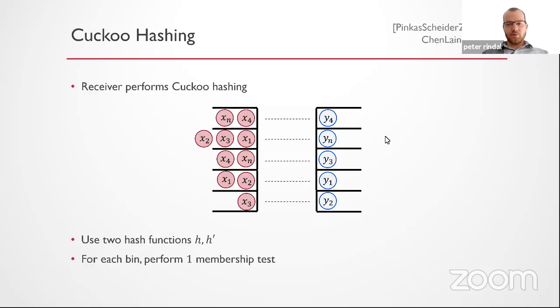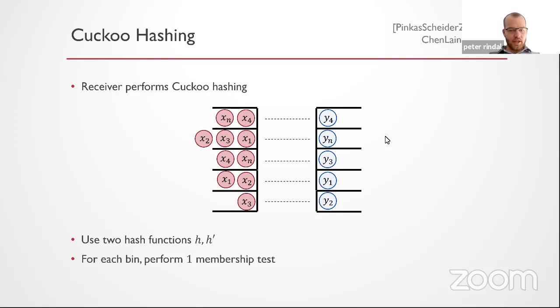And this is where we are going to use cuckoo hashing. Here, the party with the small set size, the y's, first constructs a cuckoo hash table, where at most one item is in any given bin. And then the sender will place each of his items at both hash function locations.